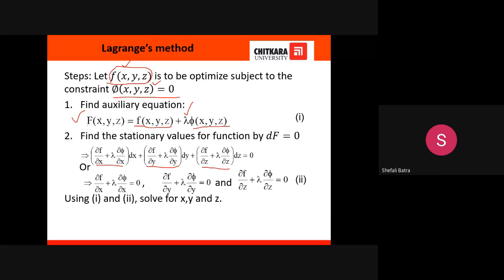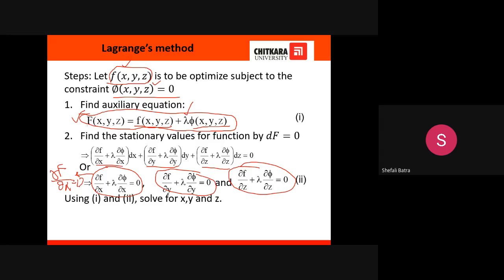So you need to remember, first, construct this Lagrange function, and then second, put each partial derivative equal to 0. Means, ∂F/∂x is equal to 0, similarly ∂F/∂y is equal to 0, and ∂F/∂z is equal to 0.